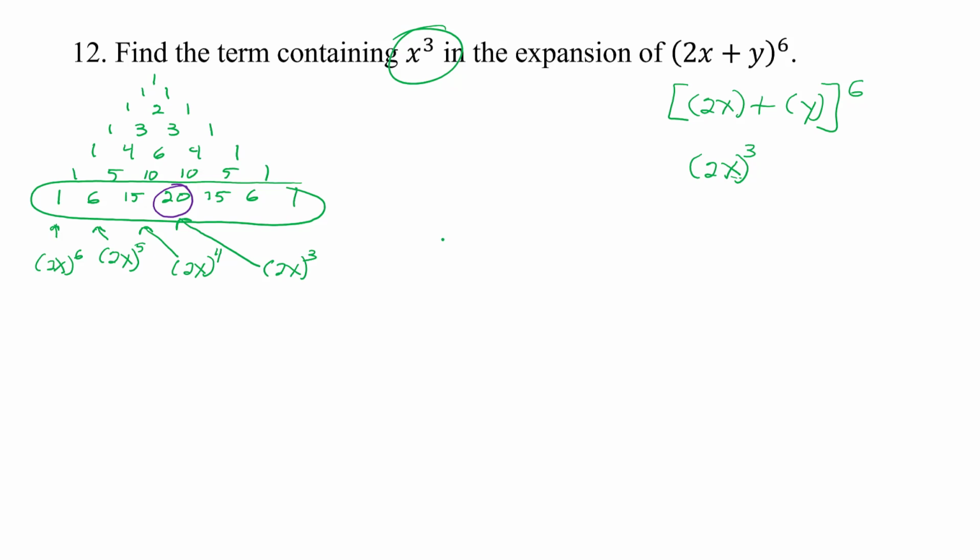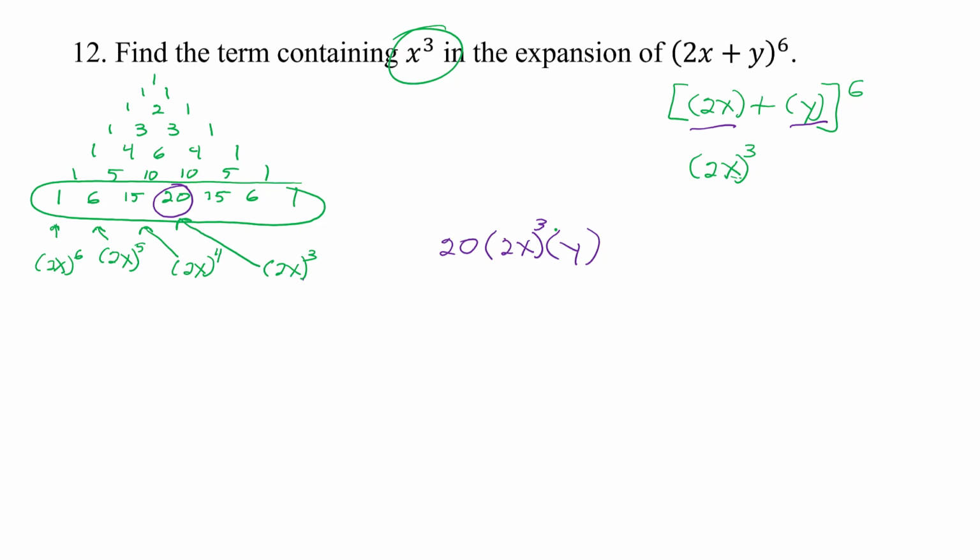So we want this fourth term here, where we're going to start by using Pascal's triangle to get a coefficient of 20. And then we're going to take 20 times 2x raised to some power times y raised to some power. Well, remember, we're at this term where we raise 2x to the third power.